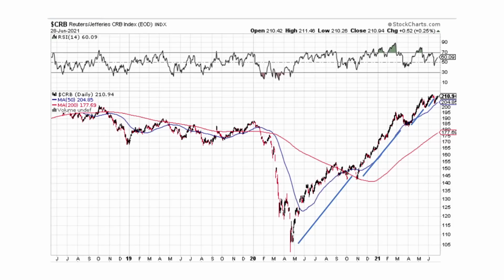Here's the CRB zoomed in a little bit on a daily chart. The one thing I do think we might see in the short term is a pullback. We might see a little bit of a pullback. The momentum here, if you look at this big move, this is the momentum charted here, and you can see it slowing down. I think we're going to probably pull back a little bit and then move higher. That's what's expected.